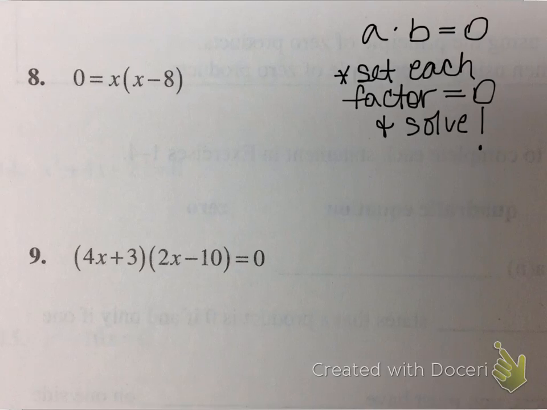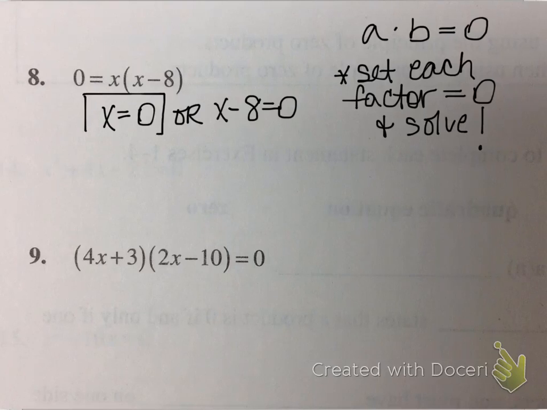So since the answer is 0, that means either x equals 0 or x minus 8 equals 0. So it looks like we already have an answer here, x equals 0, and all we have to do here is solve this little mini equation to find my other answer.